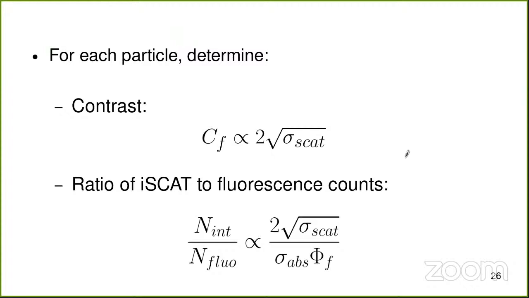Now, for each particle, we had to determine the contrast as well as the ratio of Icecap to fluorescence counts. And for this, we used the scattering and absorption cross sections, as well as the fluorescence quantum yield.